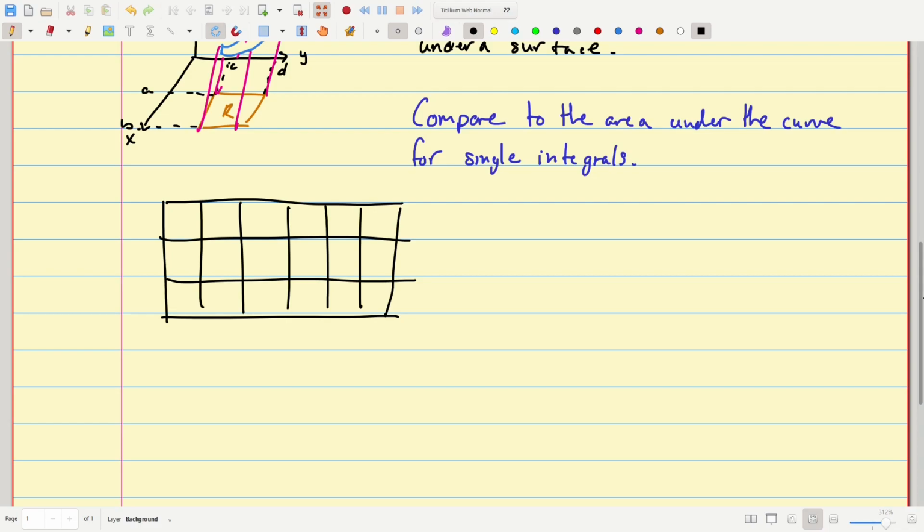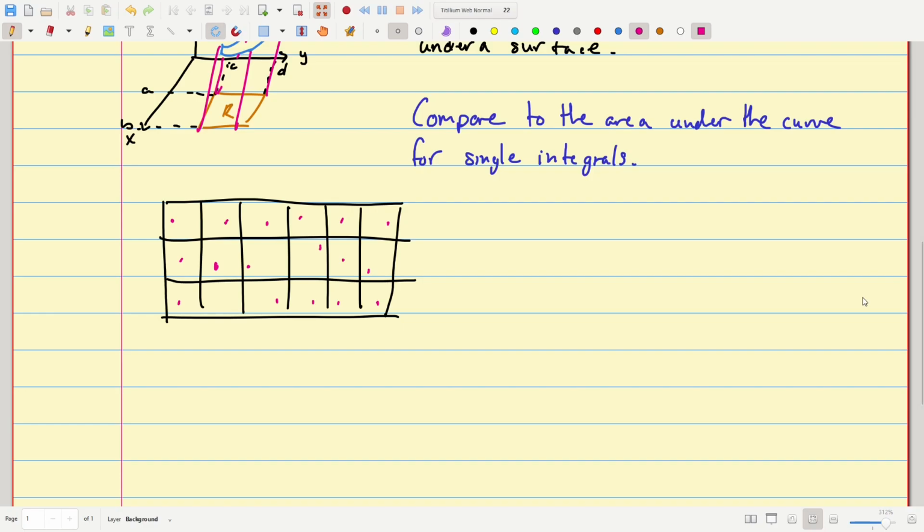And on this grid, I mentioned before that we're allowed to choose any points in each of the subintervals for a one-dimensional integral, which means that I can choose any points in one of these grid spots for evaluating a double integral. Okay, so if I select these points at random, the height is going to be the height of the surface at some randomly selected points in each of those tiny rectangles.